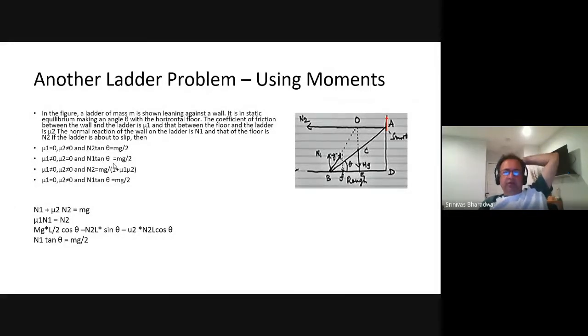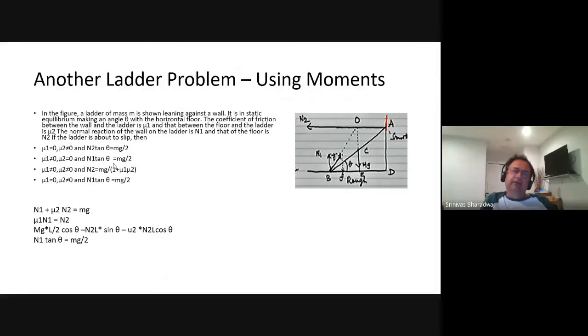Okay, so now this is another ladder problem using moments. In the figure, a ladder of mass m is shown leaning against a wall. It is in static equilibrium, making an angle theta. It is exactly the same as the ladder problem we looked at before, right? The coefficient of friction between the wall and the ladder is mu1.